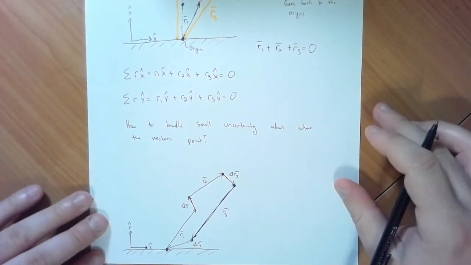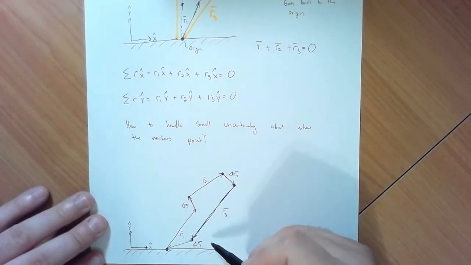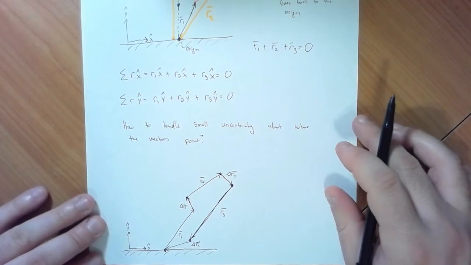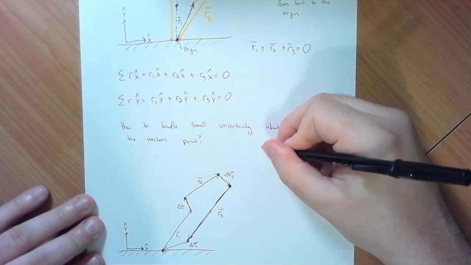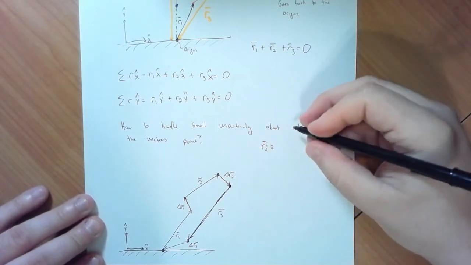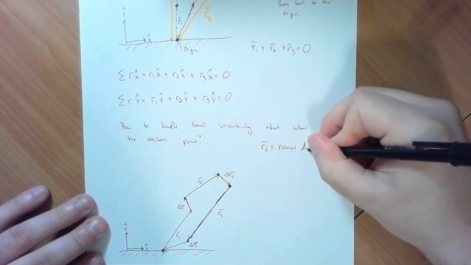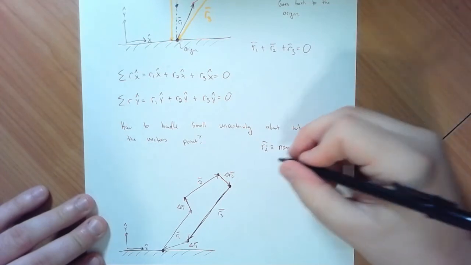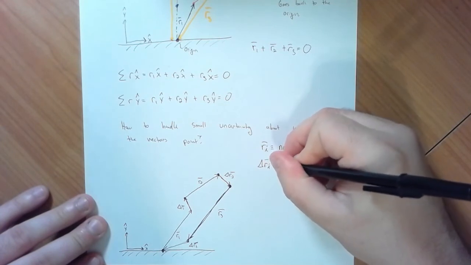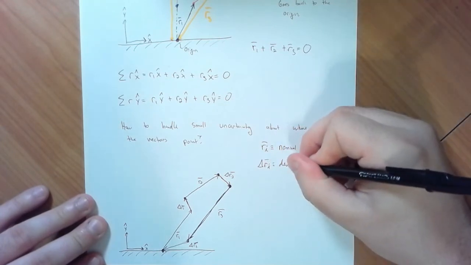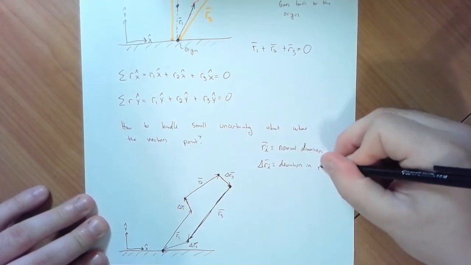Okay, so now I've got my 6 vectors: 3 principal vectors and 3 vectors that account for the uncertainty in the principal vectors. So I'm going to remind myself here in words that R sub i represents a nominal dimension, or just a nominal vector, and delta R sub i represents the deviation in R sub i.